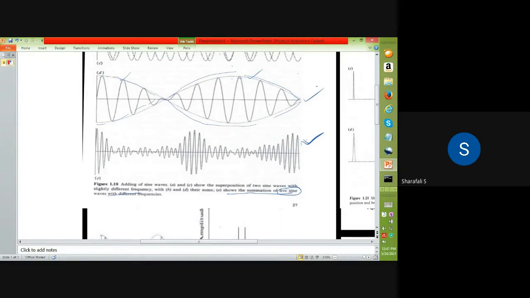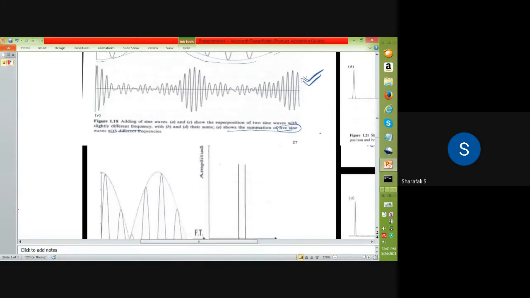Here we are adding only 2 sine waves with different frequencies, and here we are adding 5. When you add up different frequency sine waves, we will get a different intensity pattern because interference will happen, and after summation we will get a different kind of signal.